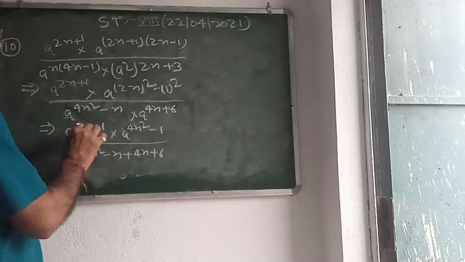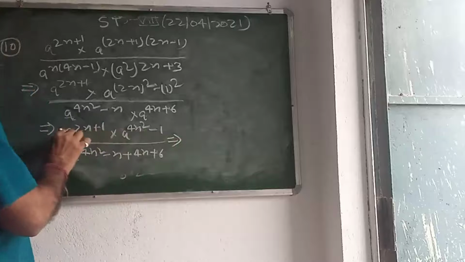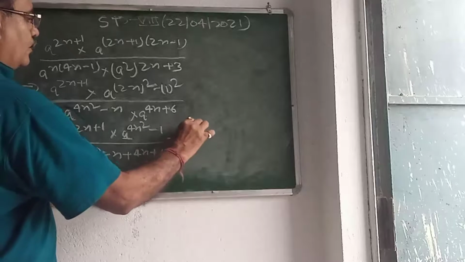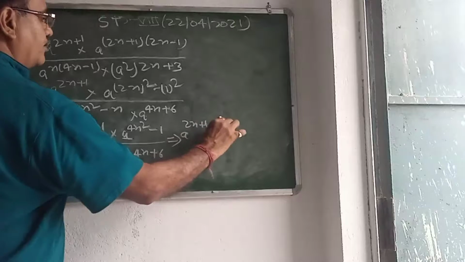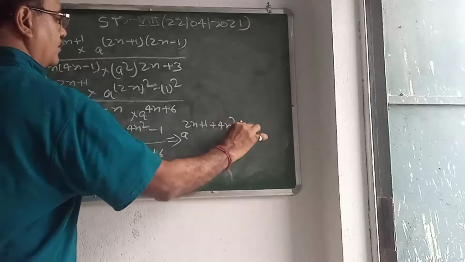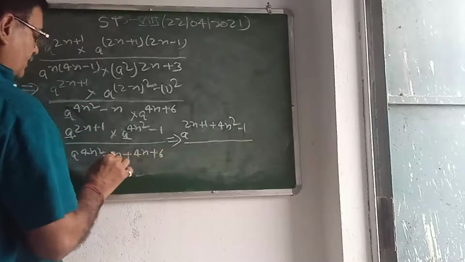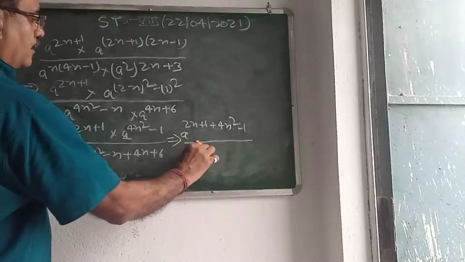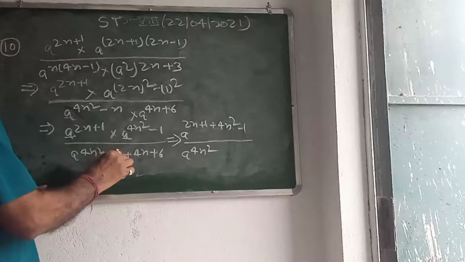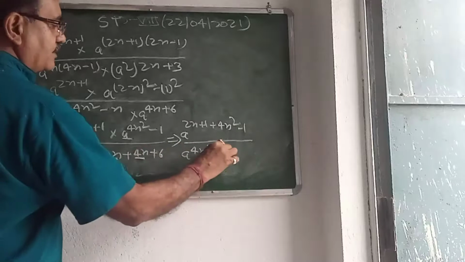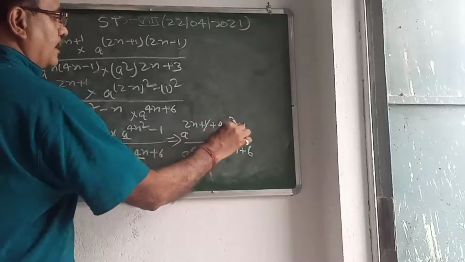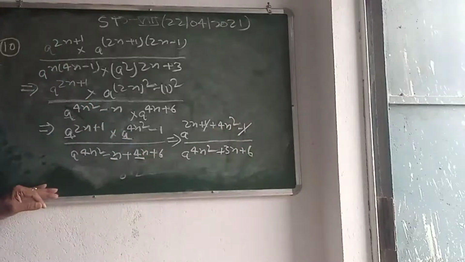Right? Here also same base, their power will be added: a to the power 2n plus 1 plus 4n square minus 1, divided by, see here, 4n square minus n plus 4n. These are like terms: minus n plus 4n means plus 3n plus 6. And this plus 1 and minus 1 will be cancelled.